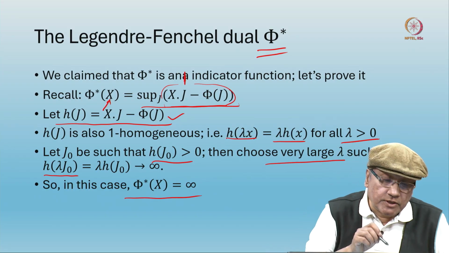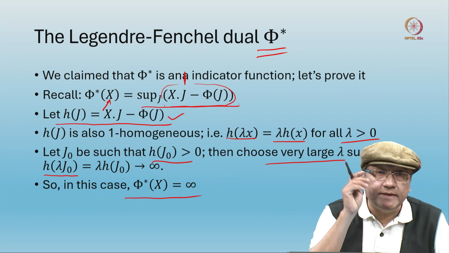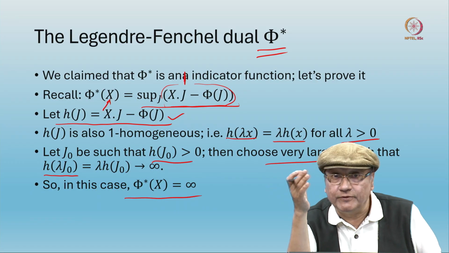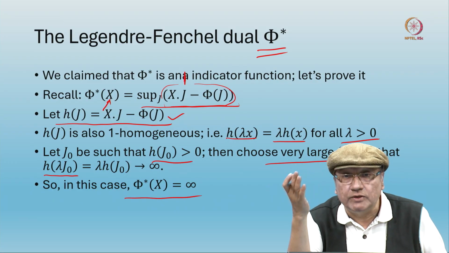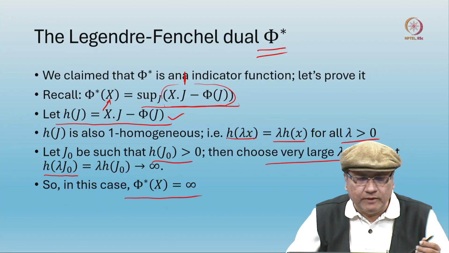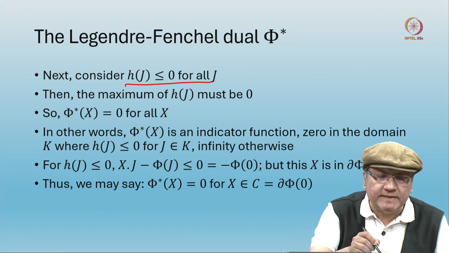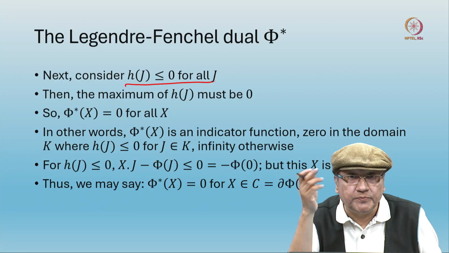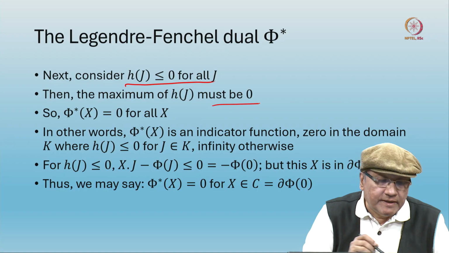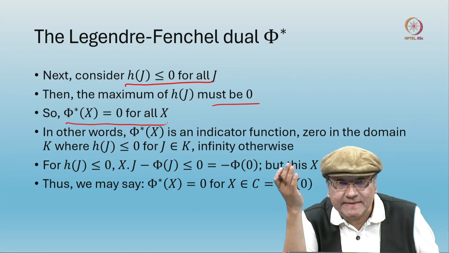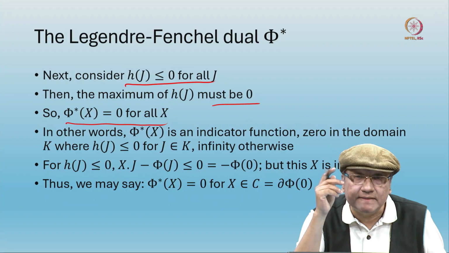If I take j as 0, then x inner product j is also 0, therefore h of j at 0 equals 0. That is the maximum possible value it can have if h of j is less than or equal to 0 for all j. So the supremum in this case must be equal to 0, therefore phi star x equals 0 for all x in this case where h of j is less than or equal to 0.